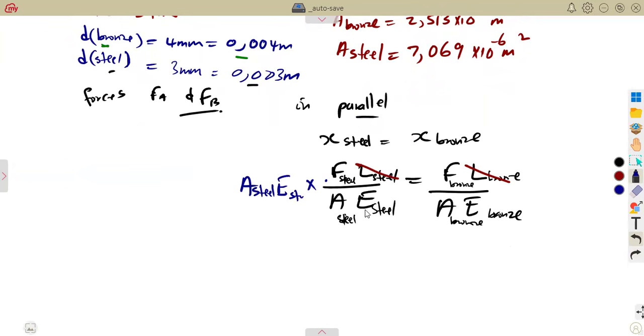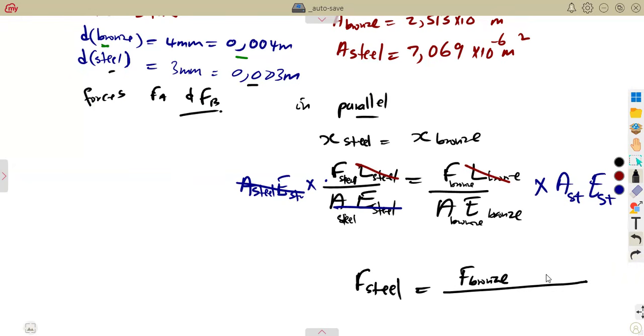This part I'm going to remove with this, so I have to multiply the other side with the area for steel, the Young's modulus for steel. So these we're going to cancel. You have the force representing the steel written in terms of the force for the bronze. That is the only condition. The areas we calculated, we're just going to substitute now.